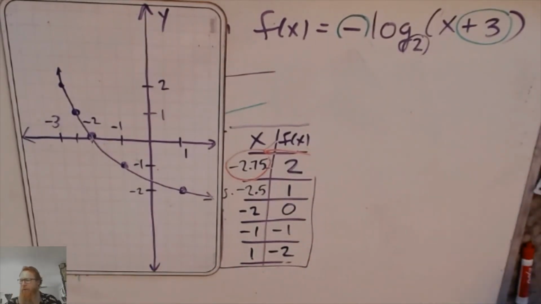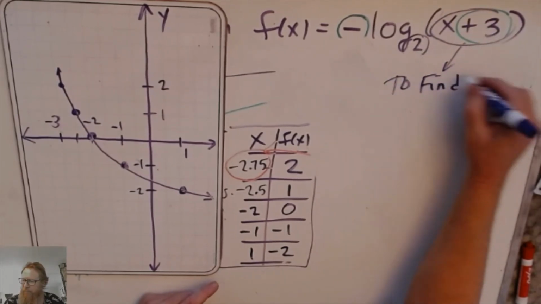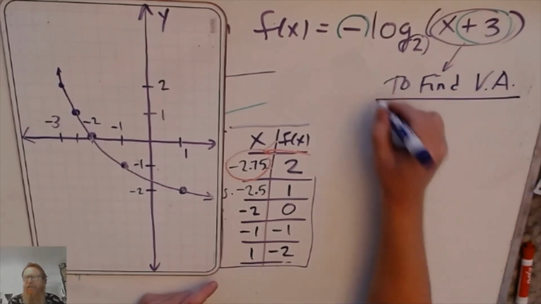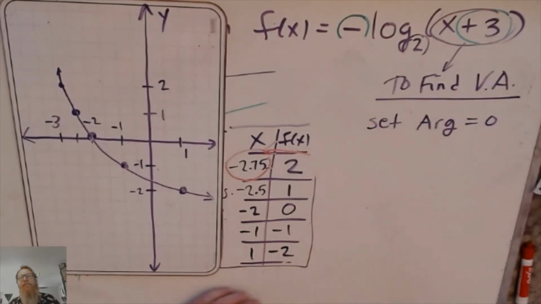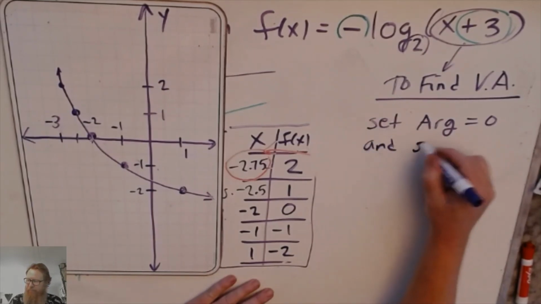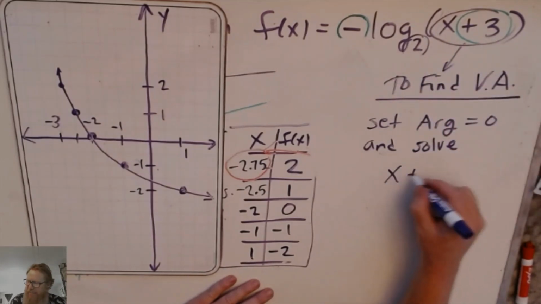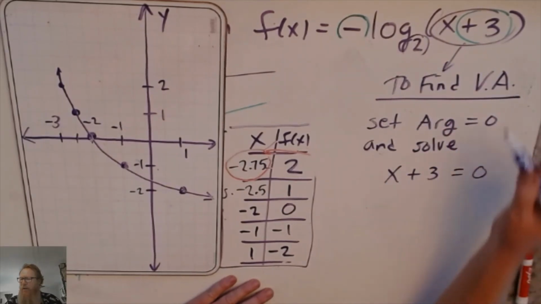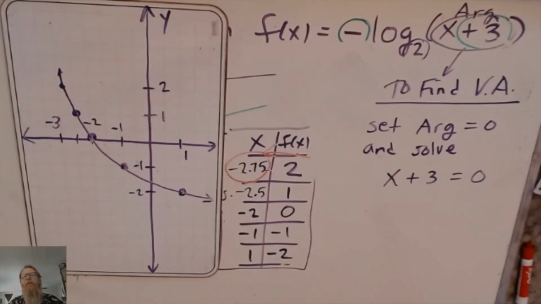So next I want to find the vertical asymptote. We'll call that the VA. All you have to do is set the argument equal to 0 and solve it. Remember, the argument is a fancy way of saying whatever's inside the parentheses. We call that the arg. That's the argument.